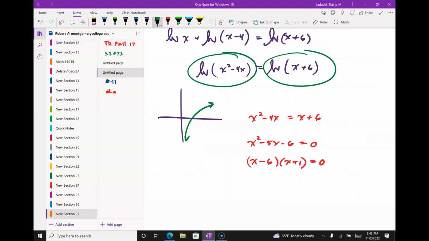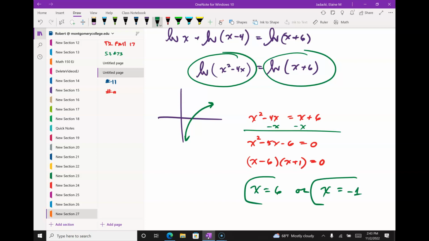When the 6 moves, it's got to change signs. You agree? So what x values work? 6 or negative 1. We have to make sure that we don't have extraneous solutions.